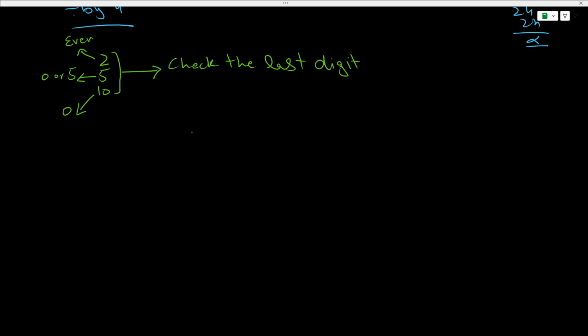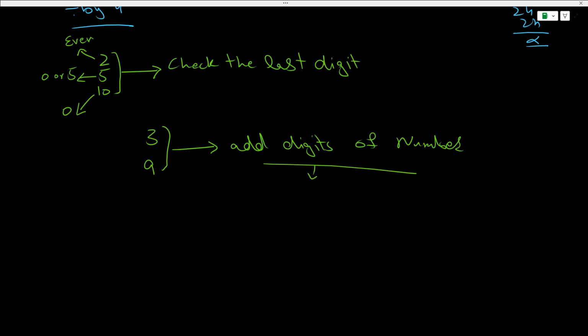Now we will check the divisibility rule for 3 and 9. What we do is add all digits of the number. Whatever result comes, we divide it. To check for 3, we divide it by 3.